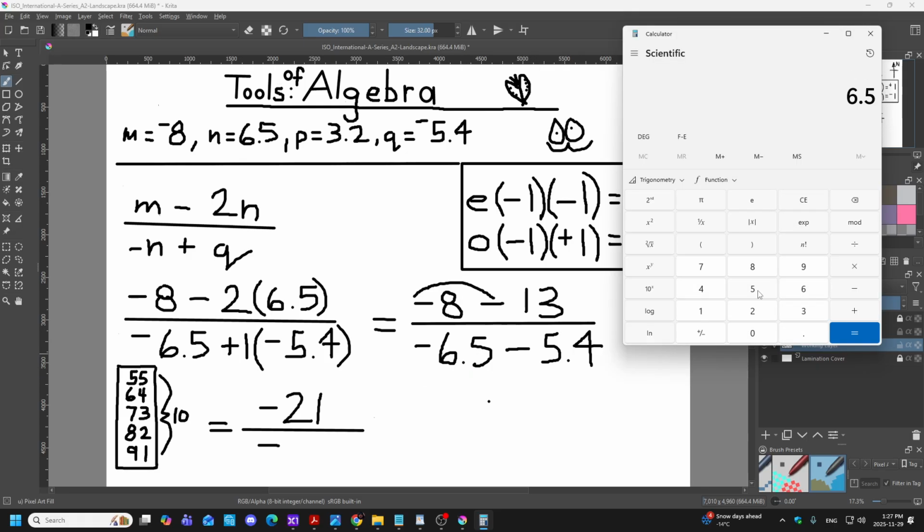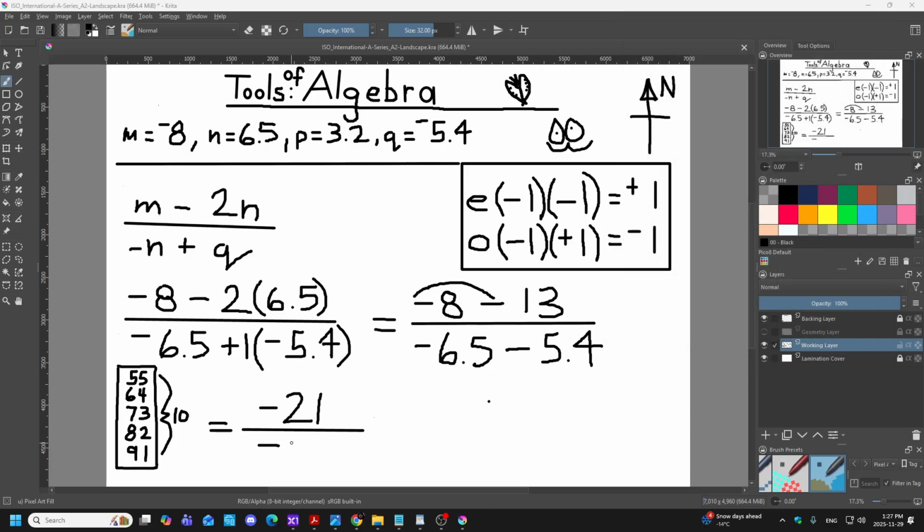Simple addition. 6.5 plus 5.4, 11.9. I could also go 6.5, put the negative sign on there, and then subtract 5.4, and I should get negative 11.9.